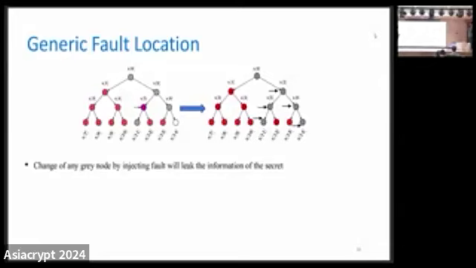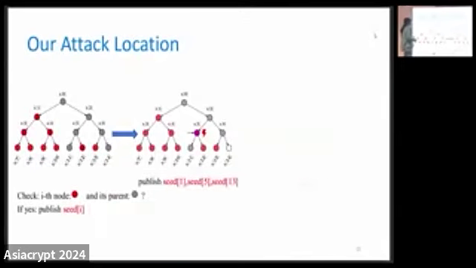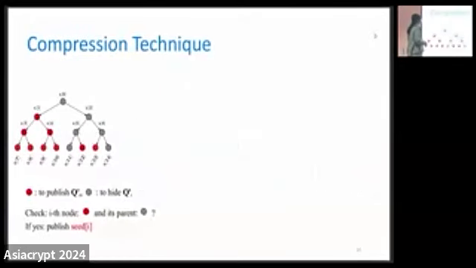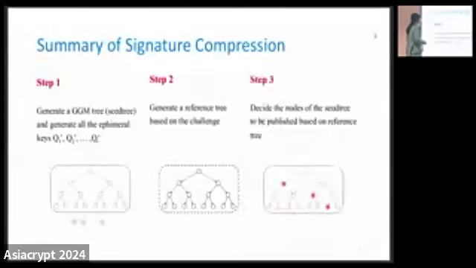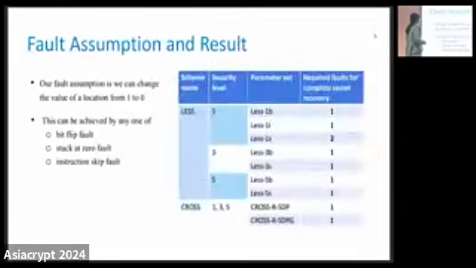If it only generates a signature per message, you are still able to recover the secret key, or do you need the protocol to repeat for the same message multiple times? Actually, as you can see from our result, we can get the full secret recovery. So we can get the full key, but just from one faulty signature. So we need only one signature to recover the key. Okay, thank you. Let's thank the speaker again.